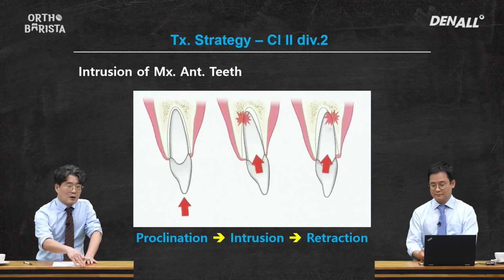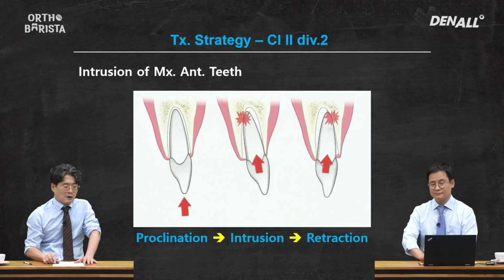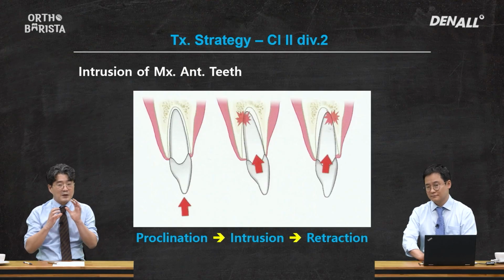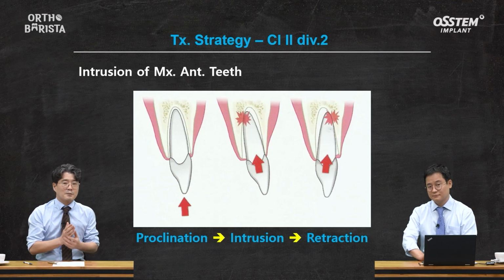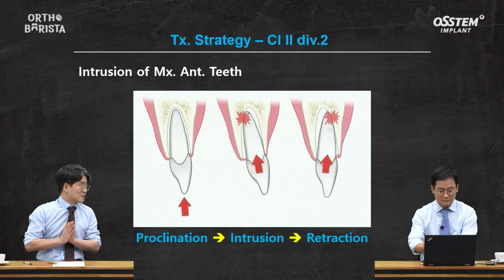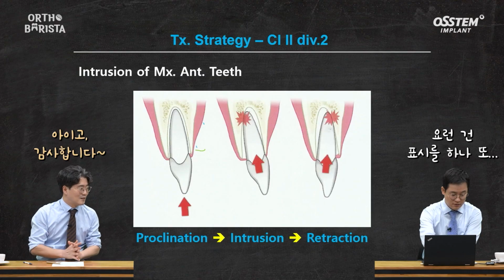There is one thing to consider here in theory. This is same for bracket-based treatment. For a deep bite case, maxillary anterior teeth should be intruded. Usually there are cortical plates on the buccal and labial sides. Interference with these plates can result in issues including root resorption. I need to mark here then. Thank you.